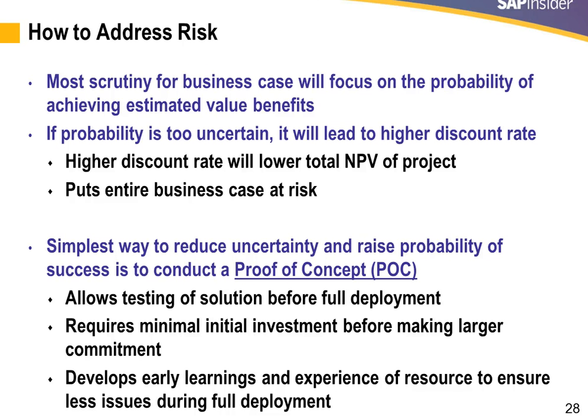Or a lot of times when we talk to clients, they have so much custom development, customized code, or in-house application. If you want to improve that level of probability and basically lower your discount rate or increase that probability component in our value wheel calculations, the best way to do that is to do a proof of concept.